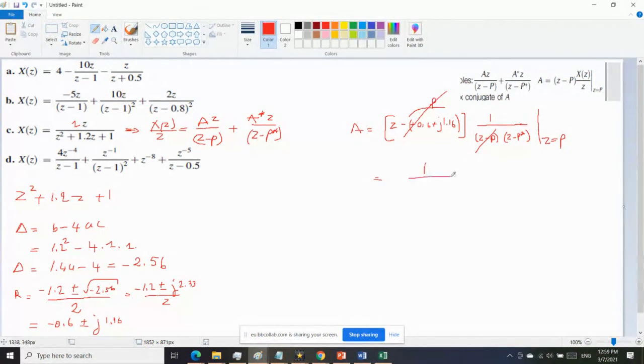Then we have 1 over z minus the second root, P star, evaluated at z equal to the first root, minus 0.6 plus j 0.8. So we replace z here.